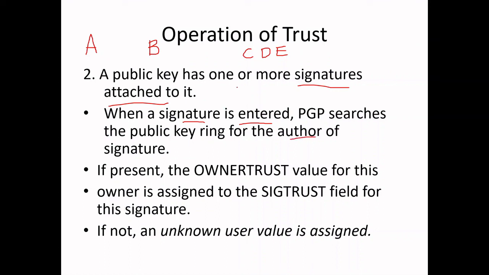Now, if the author of the signature is present in the public key ring of A itself, the owner trust value for this owner is assigned to the signature trust value. If the owner is there, then an owner trust field value is associated with it, and that value is entered in the signature trust field. Otherwise, it is an unknown user, and that value is entered. So this is how the signature trust field value is being populated.